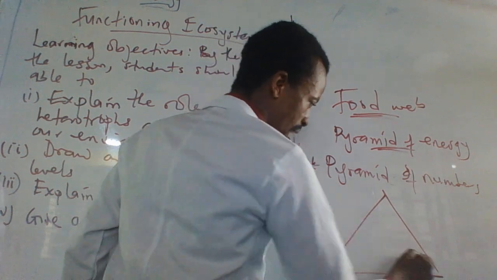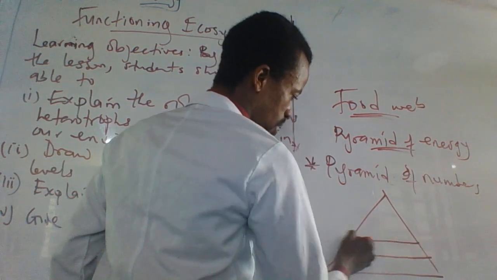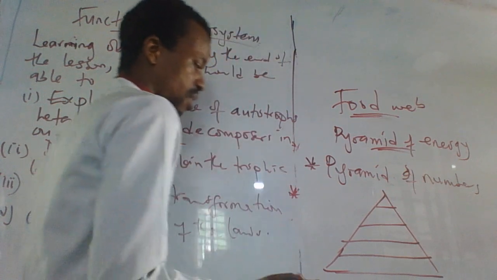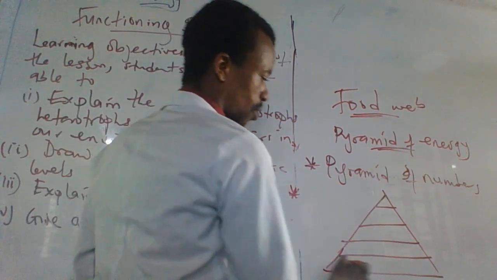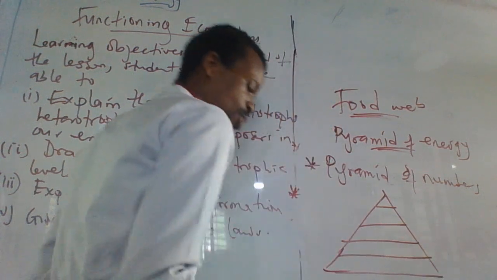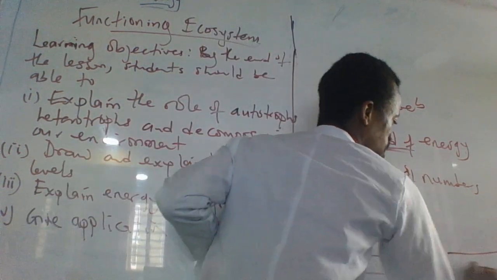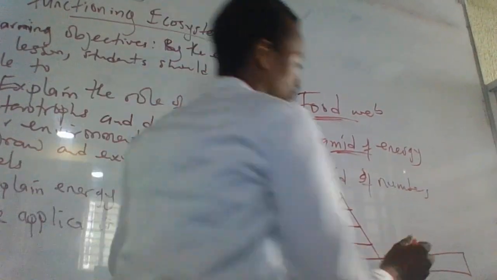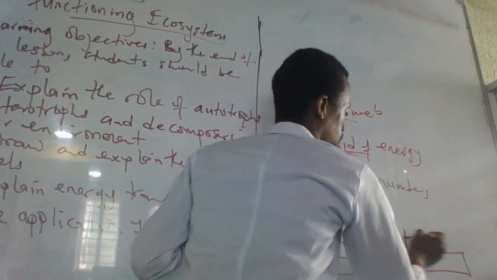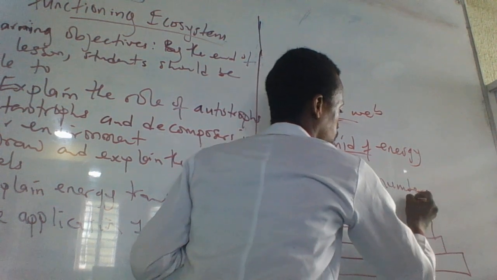So here, if I have this, I have this, I have this, I have this, then this is trophic level 1, 2, 3, 4, 5. So here I can have grasses, and some can be represented like this. It's still a pyramid.